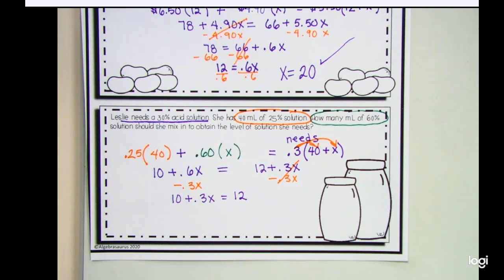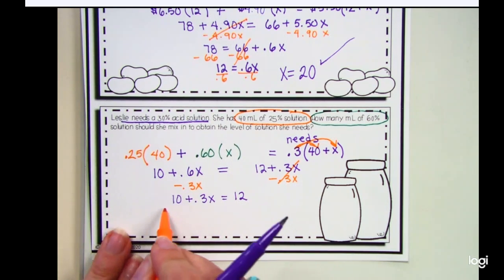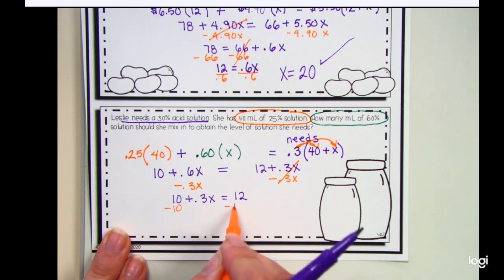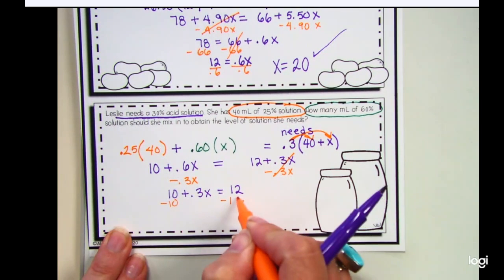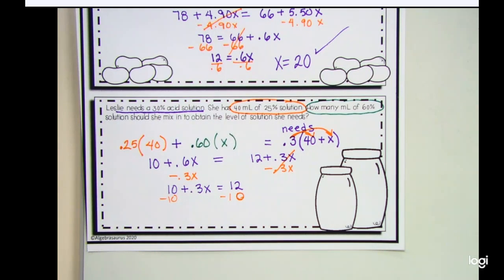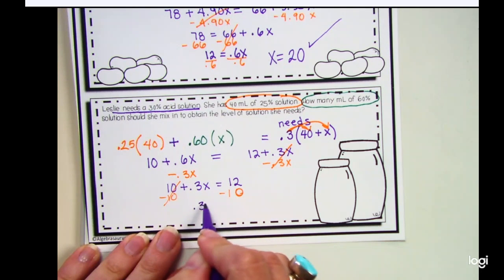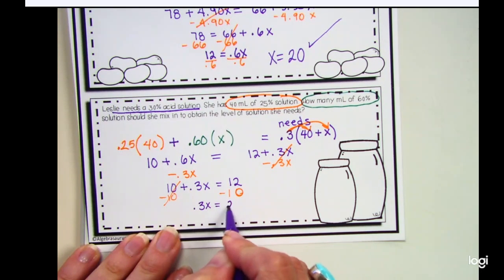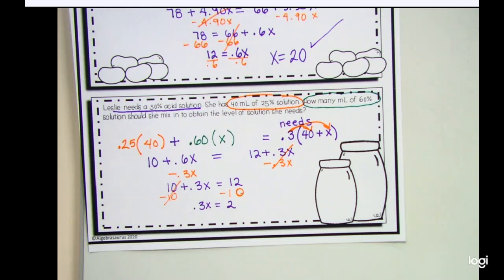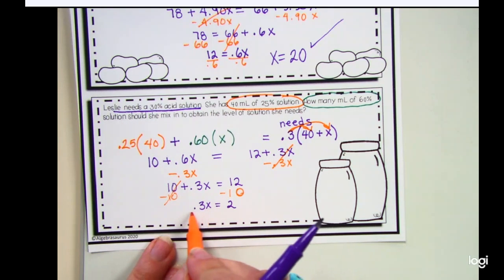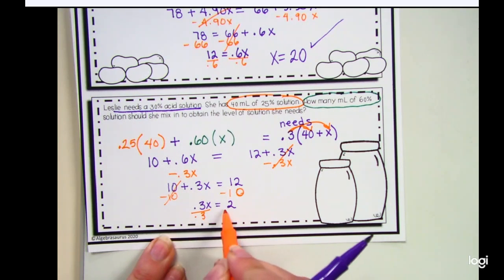So Tyler, that means we want to take away the 10 this time? 10. Whoops, that does not look like 10. 0.3x equals 2. And my last step is divide by 0.3. Perfect.